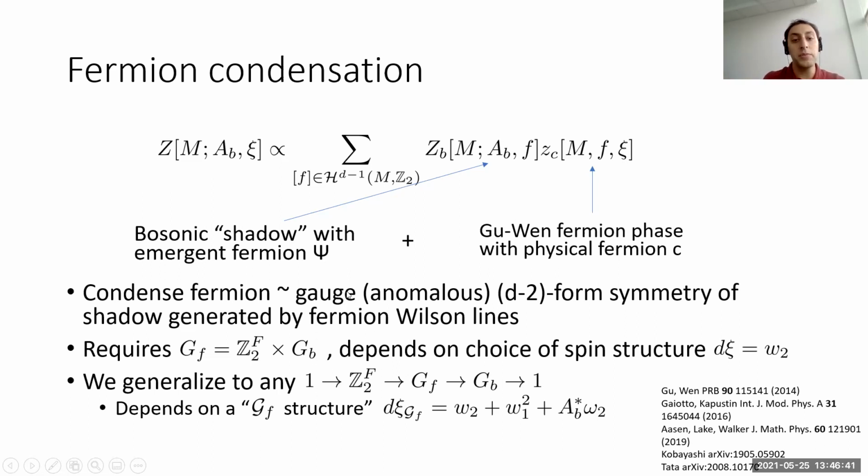Now, condensing the fermion means gauging an anomalous 2-form symmetry of the shadow. Really, that's where we're going to be summing over the background gauge field configurations here.